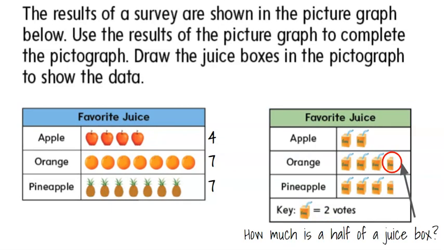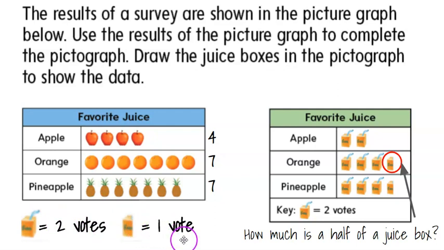So on this pictograph, since 1 juice box is worth 2 votes, that means that I have 4 people like apple juice: 2, 4, 6, and hey, what does this half of a juice box mean? What do you think? Well, I know that if 1 whole juice box means 2 votes, then I'm going to take half of 2 because I took half of the juice box.